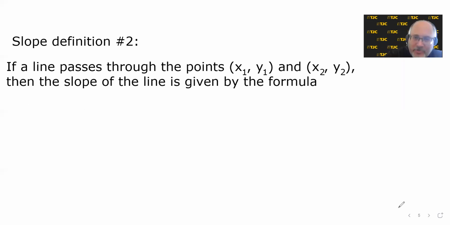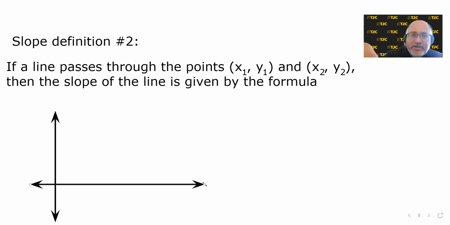By now, you should learn that I don't always just put everything out there, but I want to justify this formula by attempting to draw a generic picture with generic points on it and try to play the rise over run game.